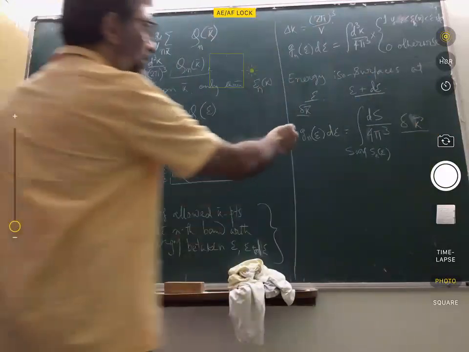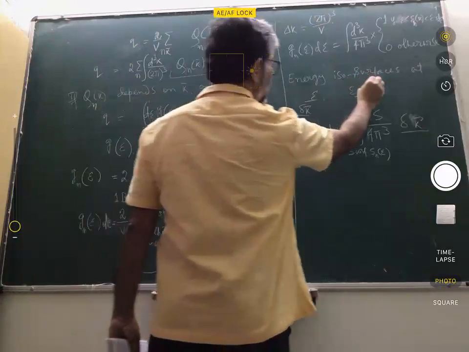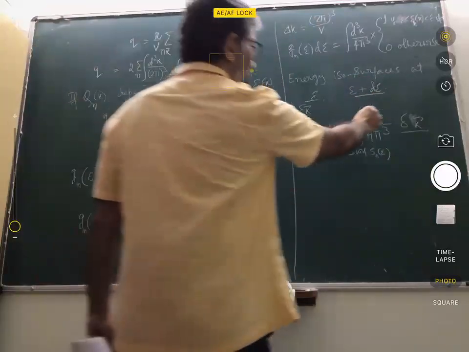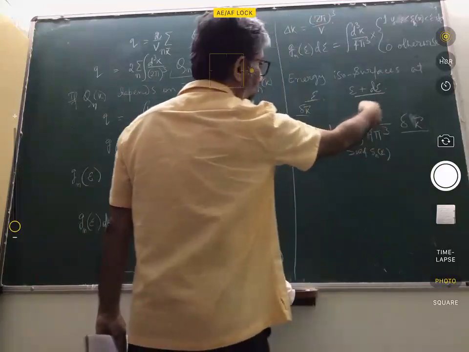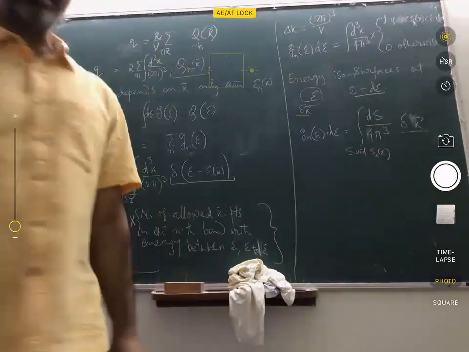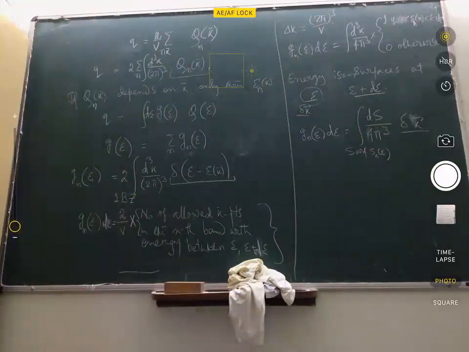But delta k is the vector from this surface to that surface, and this is an elemental surface on this energy isosurface in the k space.